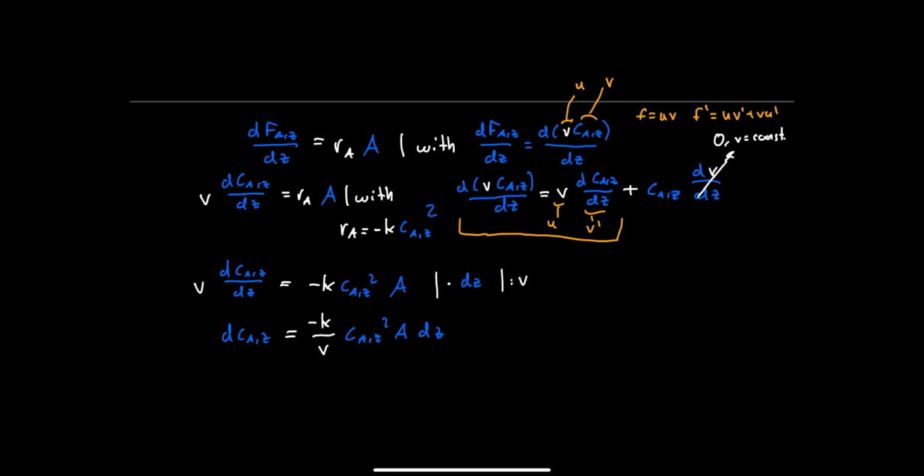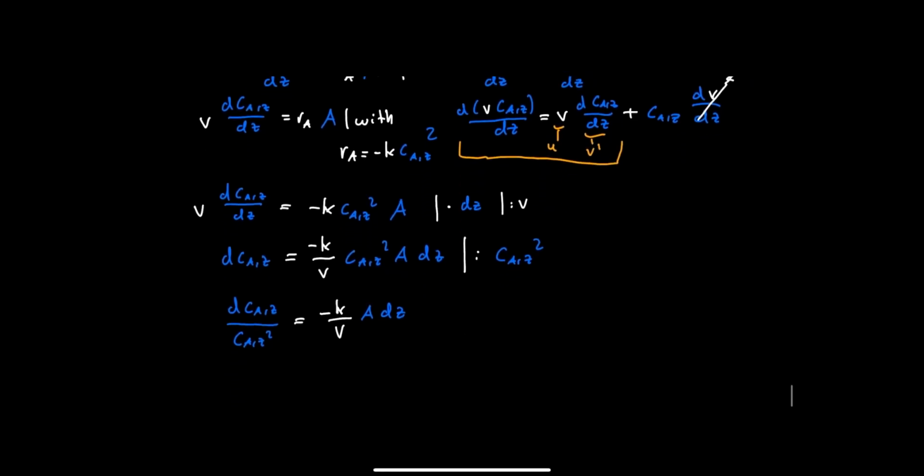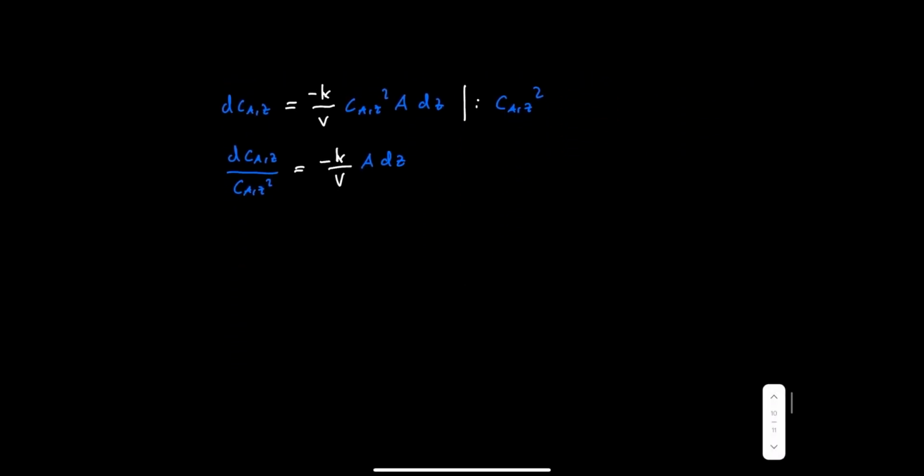And we need to bring CAC squared on the dCAC side of the equation for integration purposes. So we will divide this equation by CAC squared, which will result in dCAC divided by CAC squared being equal to negative K divided by the volumetric flow rate times A times dC. So in the next step, we're going to integrate our equation.